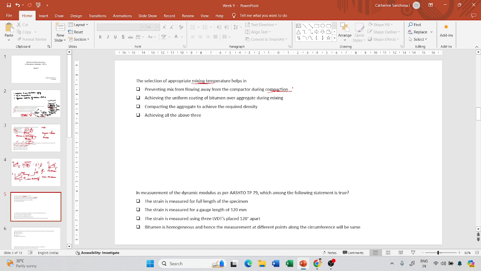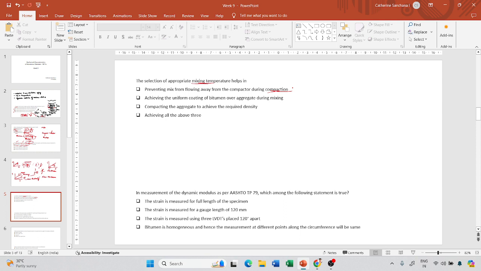Because for mixing you have to coat the aggregates, and for compaction, though it has to have the lubricity to get compacted and have the particular density, the compaction temperature will not be as high as the mixing temperature. So though option 1 is correct corresponding to compaction, it does not correspond to the mixing temperature. It corresponds to the compaction temperature. So option 1 is not correct.